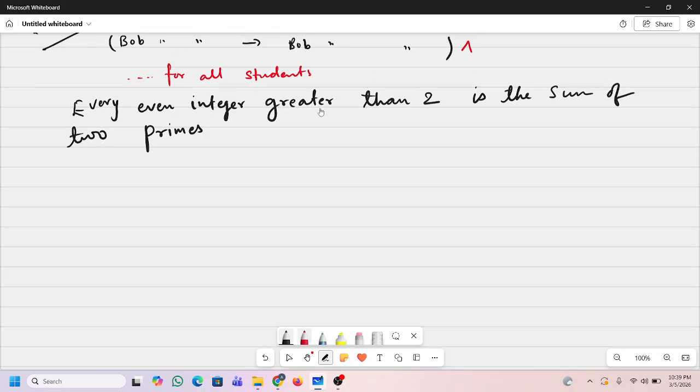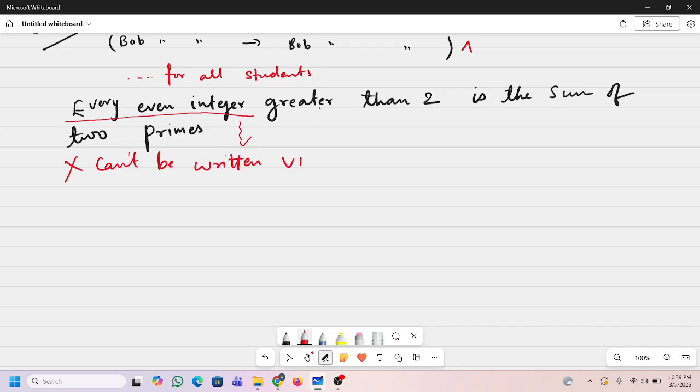Now see what the problem is here. Every even integer: do you know what the count of even integers is? It is infinite. So you cannot write this in propositional logic. This cannot be written via propositional logic, and this creates the need for introducing a new language.